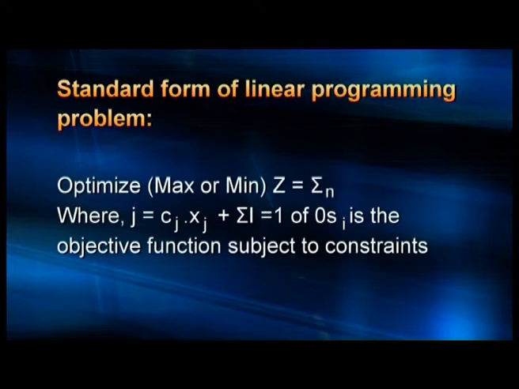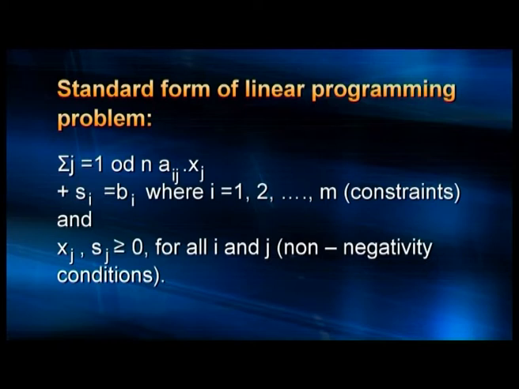Optimize, maximize or minimize Z = summation j equal to 1 to n of cj xj plus summation i equal to 1 to m of 0 si, which is the objective function, subject to constraints summation j equal to 1 to n of aij xj + si = bi, where i = 1, 2, up to m constraints, and xj, si are greater than or equal to 0 for all i and j, the non-negativity conditions.